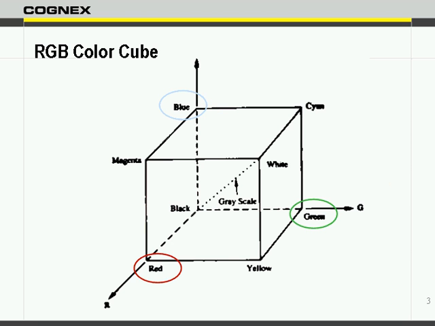So when we talk about color, specifically the red, green, and blue color space, we can think of a three-dimensional orthogonal space, like the one shown here, where each of these basic colors, red, green, and blue, is on an axis.